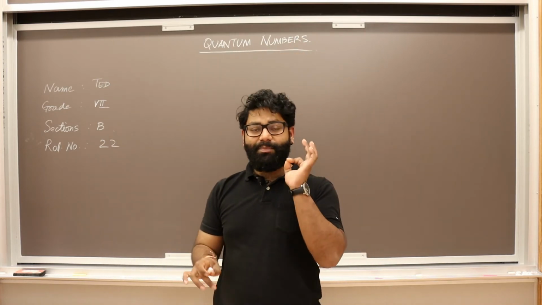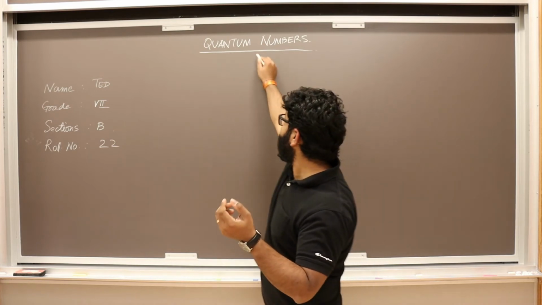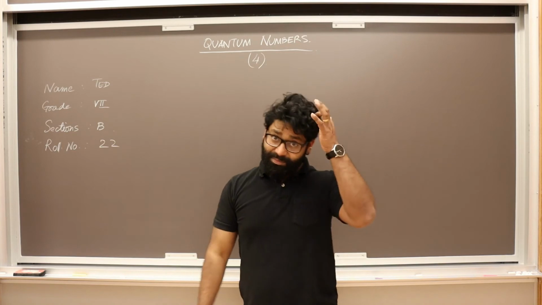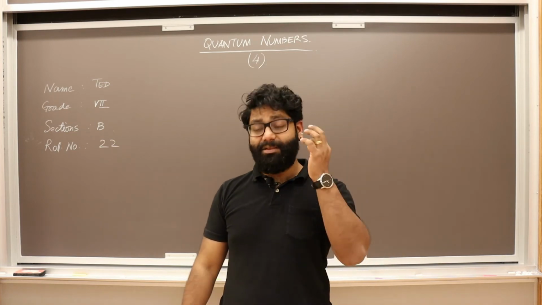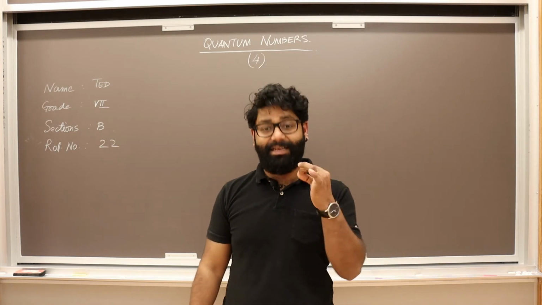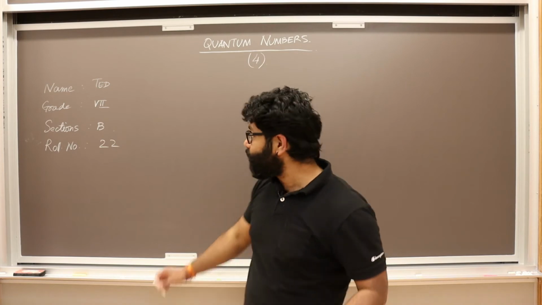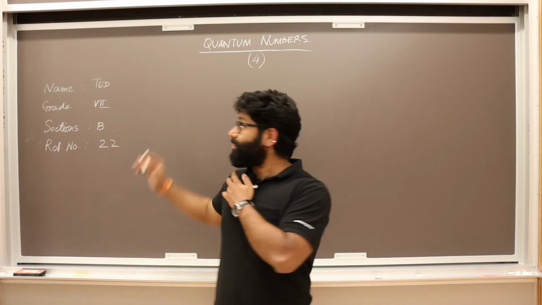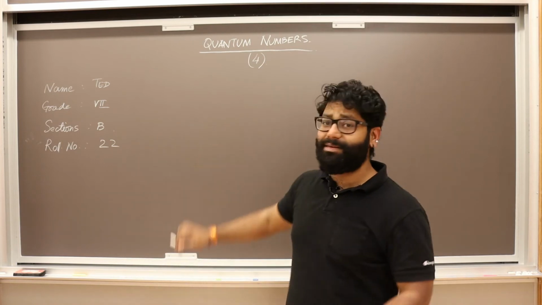There are 4 quantum numbers. Using these 4 quantum numbers, we'll be able to uniquely identify an electron in an atom, like you were able to uniquely identify a student in a school, okay? So this concept is called the concept of quantum numbers.